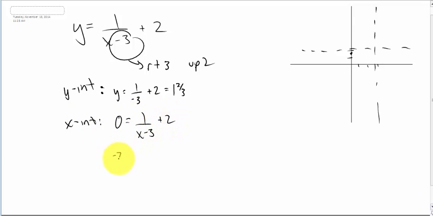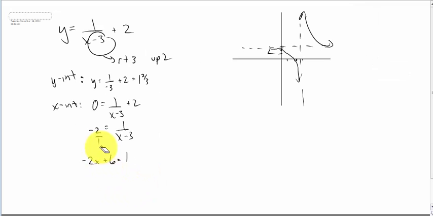We can solve this. Negative 2 equals 1 over x minus 3. So cross multiply. Negative 2x plus 6 equals 1. So we'll add our 6, subtract our 6. Negative 2x equals negative 5. X is 2.5. There's our point right there.